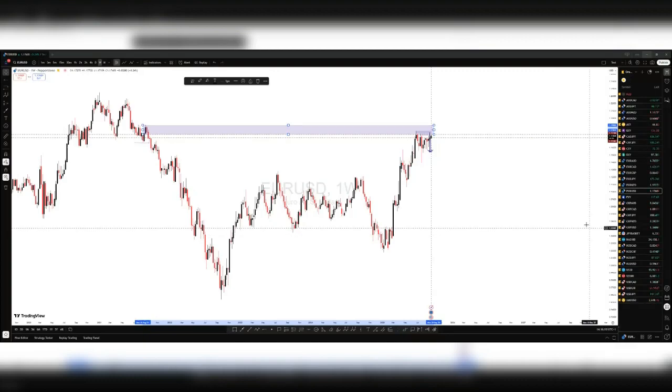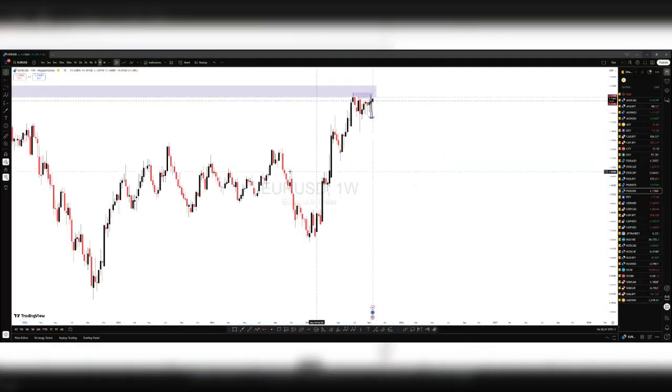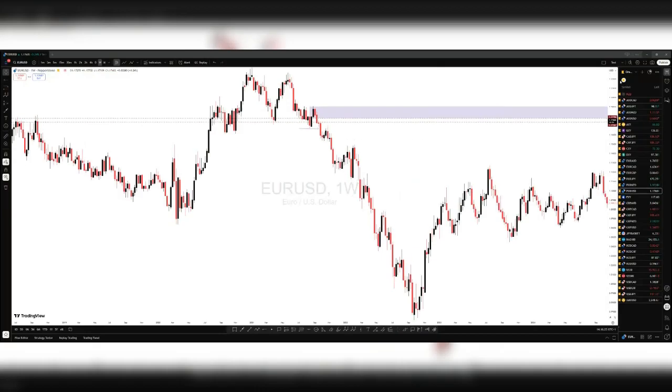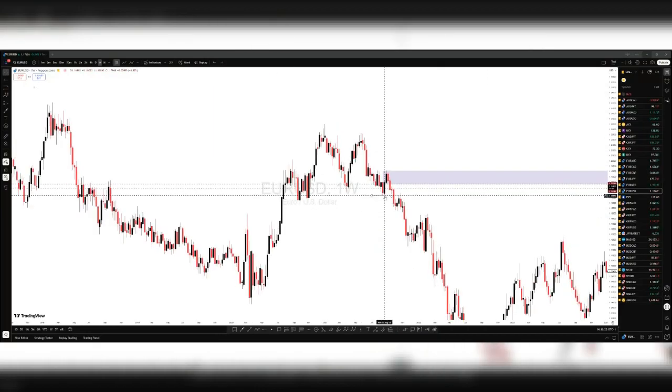So first of all, this order block. We're saying that when this demand zone was created, it was created at the very minute that price came and broke below this previous low.